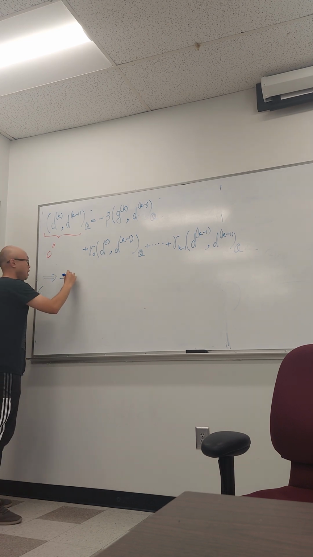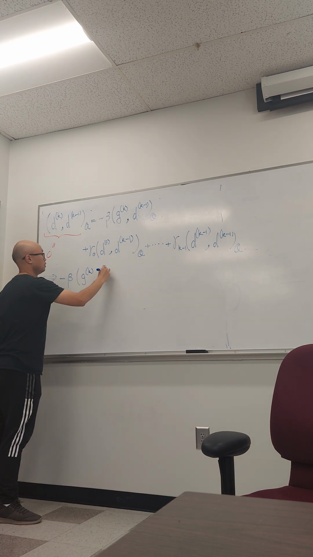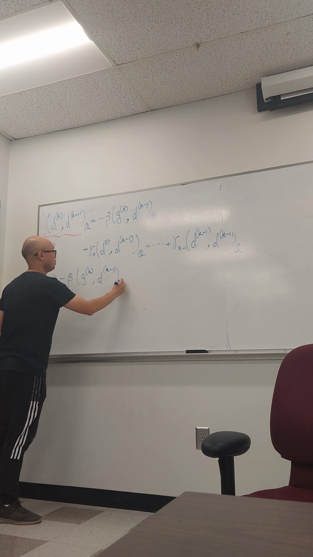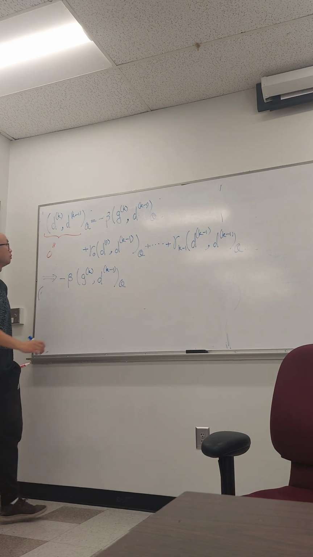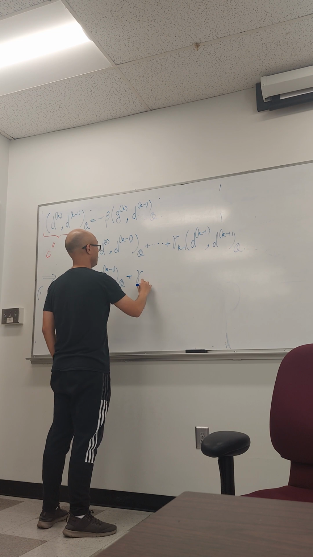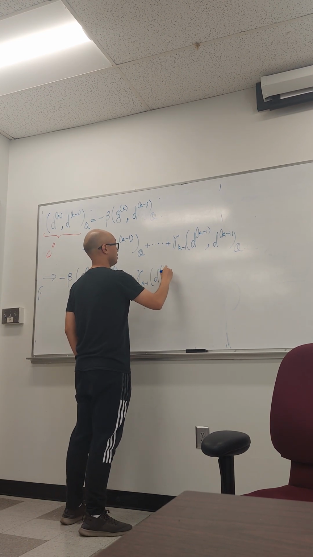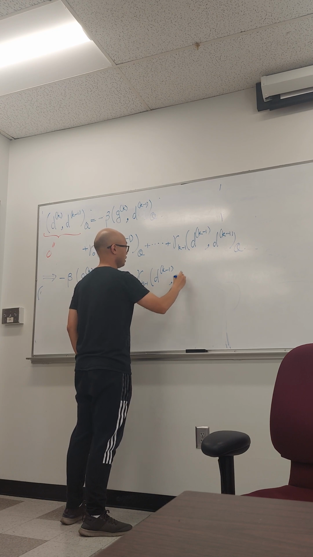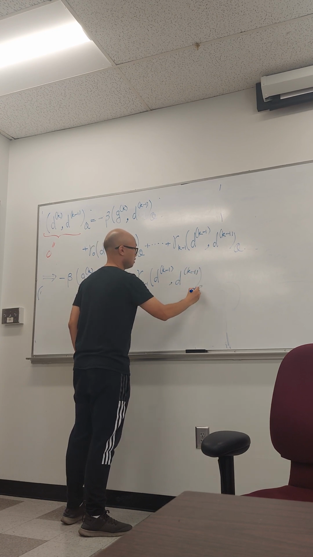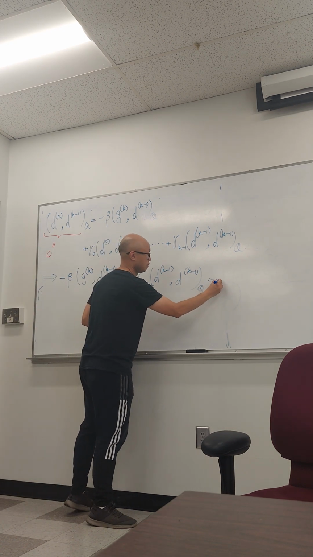So what we obtain is minus beta g^k d^{k-1} in the Q norm, plus gamma k minus 1 times d^{k-1} inner product with itself in the Q norm, and this equals 0.